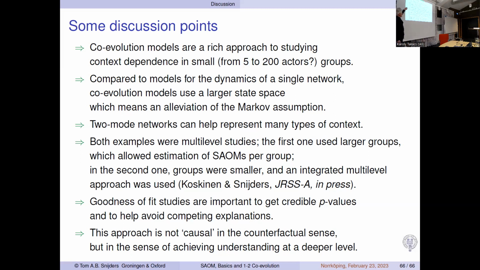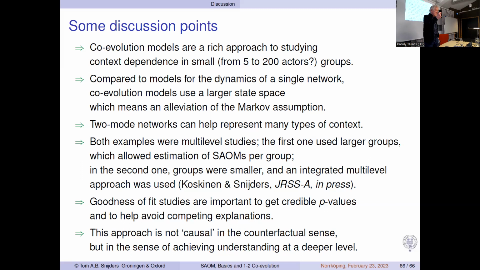Another point is that I've shown you 2 very different ways of handling two-mode networks. I also showed you multi-level studies, and the first one used estimates for all groups separately.